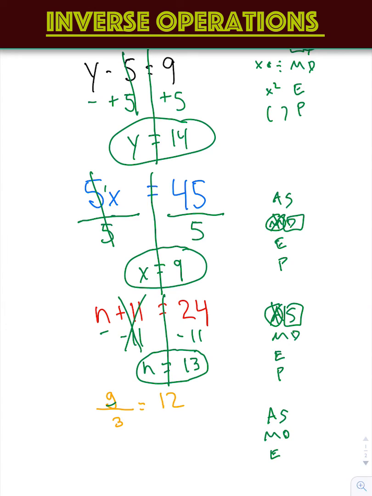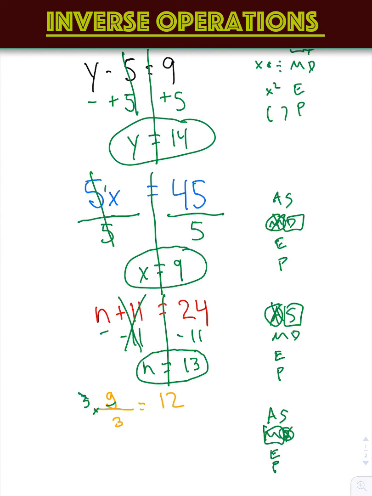On my last equation here, let's set up ASMADEP. Again, I want you to think through what operation do they give me, and what inverse operation should I perform. They give me division. So I'm going to multiply. I'm going to multiply where I see the division.